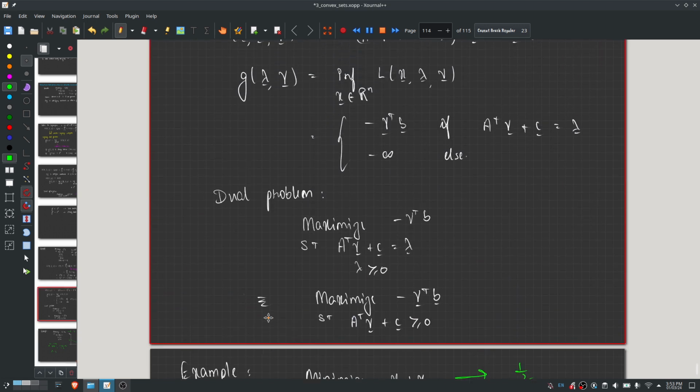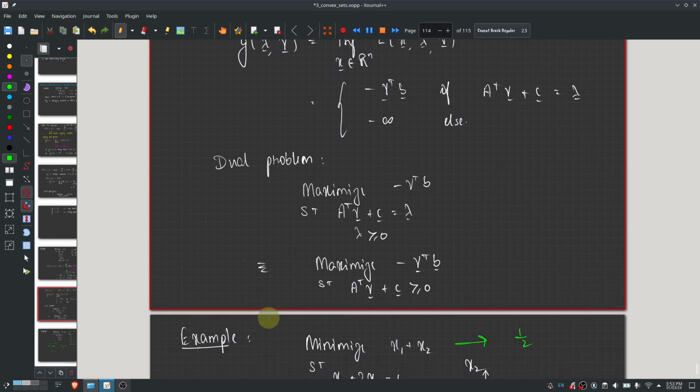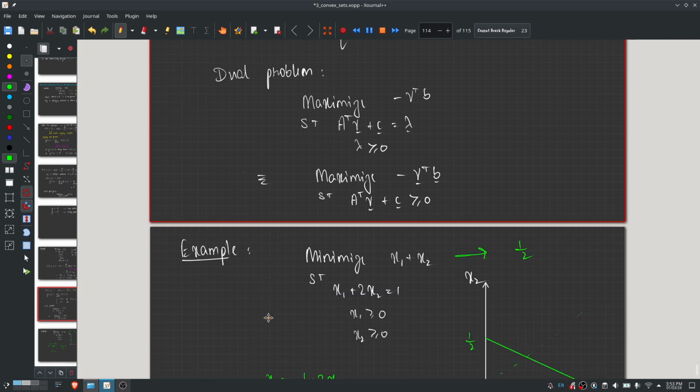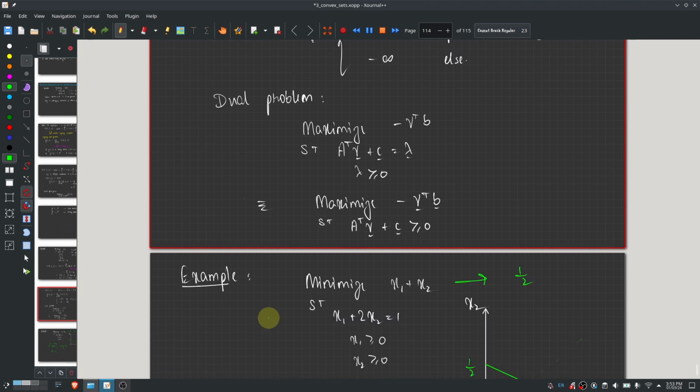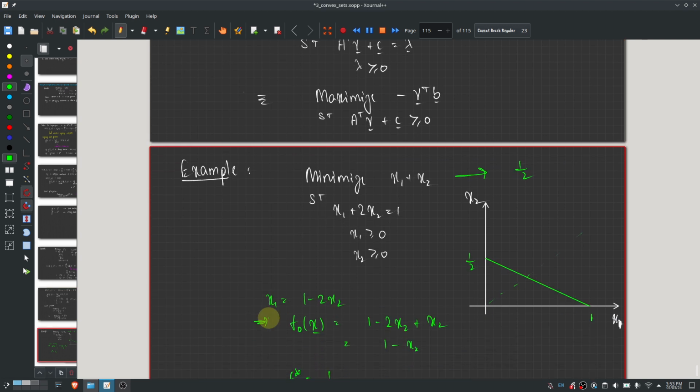We also have an expression for the dual problem. What would the dual problem be? Remember that the standard form is c transpose x, that's what you want to minimize, subject to Ax equal to b and x greater than or equal to 0.